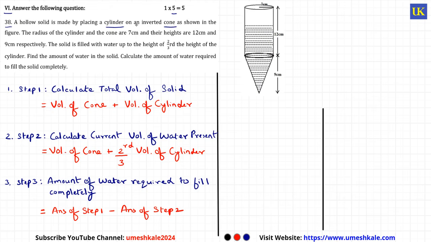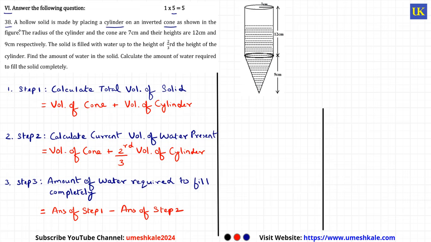So there are two things, a cylinder and a cone. As you can see here, there is an inverted cone, and upon this cone there is one cylinder which has been fitted.